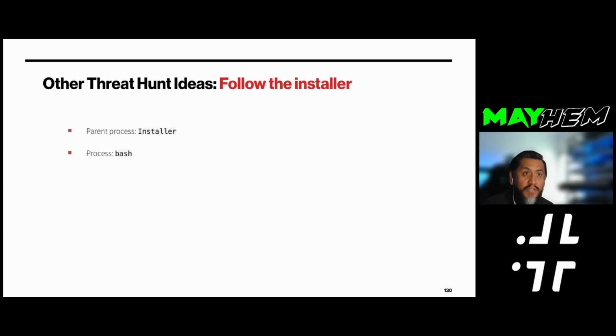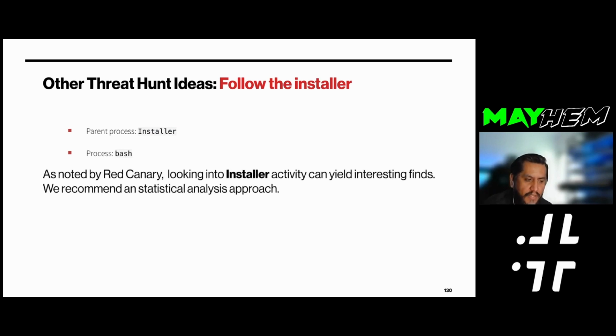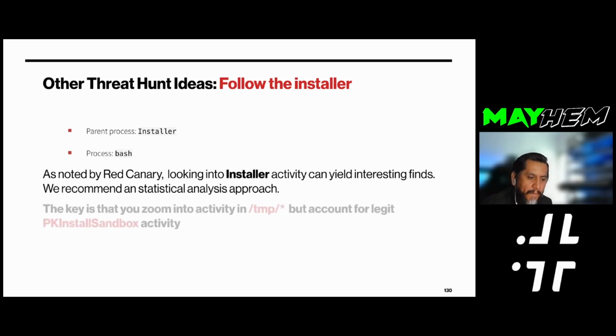Another thing you can do, and this is probably one of the most interesting ones, is that in macOS there's an installer. You can follow the installer process, and by looking into it, you might make some very interesting finds. Before you go into this, if you're doing threat hunting, I recommend you do some statistical analysis. Understand how installer activity looks in your network, then start removing some of the legit noise, and then start zooming into the things that start to look rare.